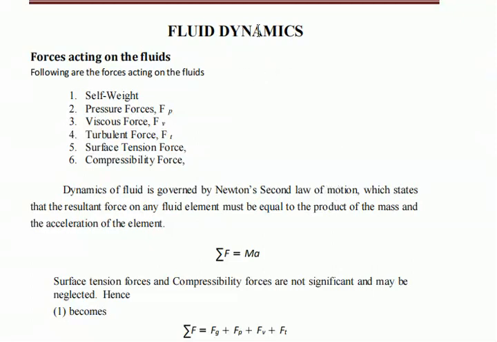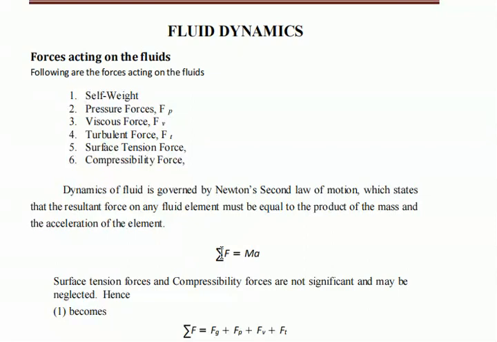The dynamics of the fluid is governed by Newton's second law of motion. What is the statement of Newton's second law of motion? It states that the resultant force on any fluid element must be equal to the product of the mass and acceleration of the element.